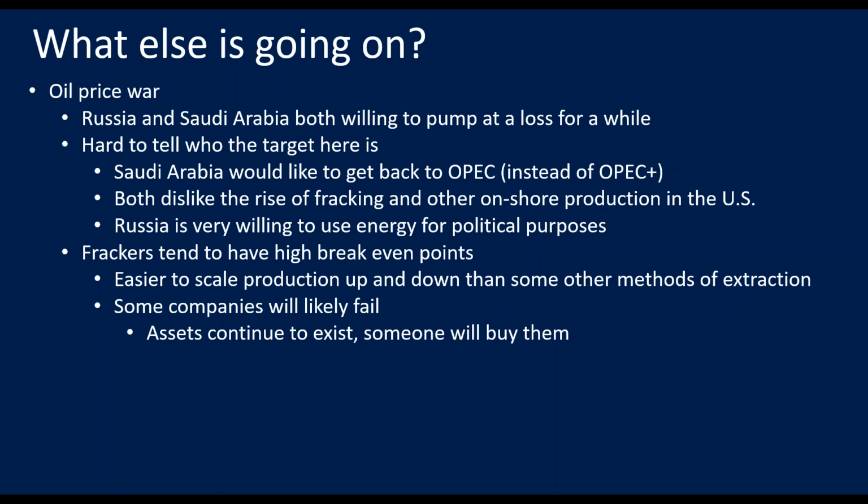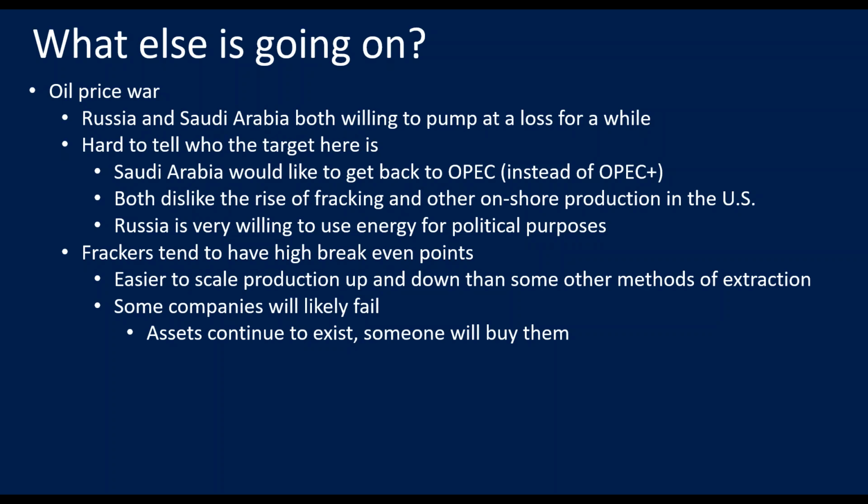Saudi Arabia would love to get back to OPEC, which was essentially a cartel that set the price of oil, because they could control OPEC pretty well. OPEC pretty much went along with whatever Saudi Arabia wanted. But since Russia came online and started producing a lot of oil, they've been calling it sort of OPEC plus, and so now it's OPEC plus Russia.